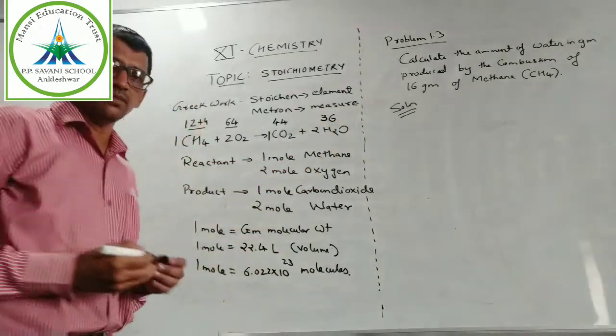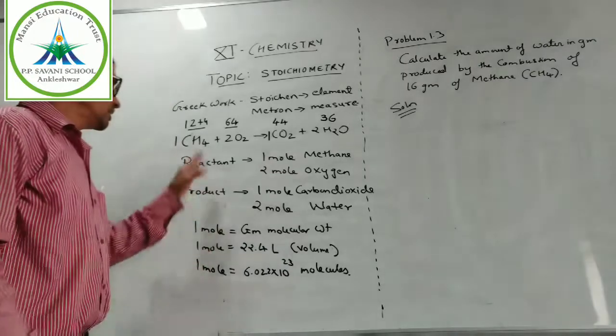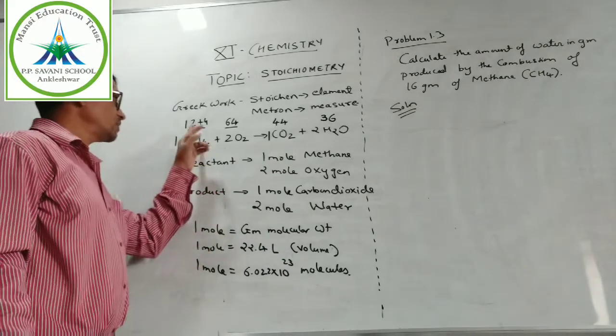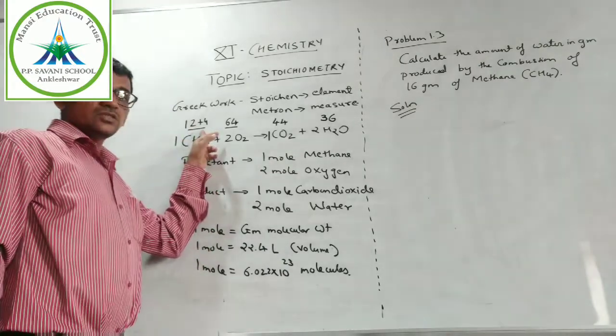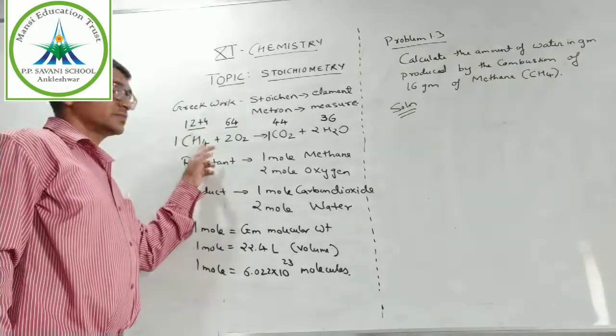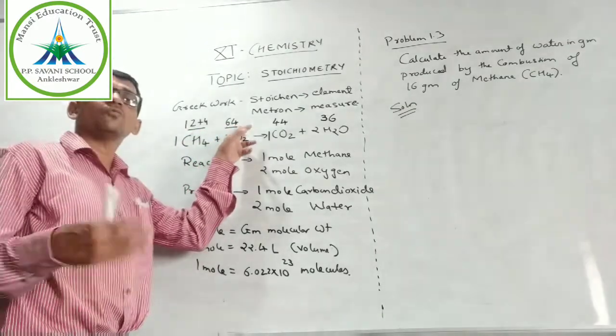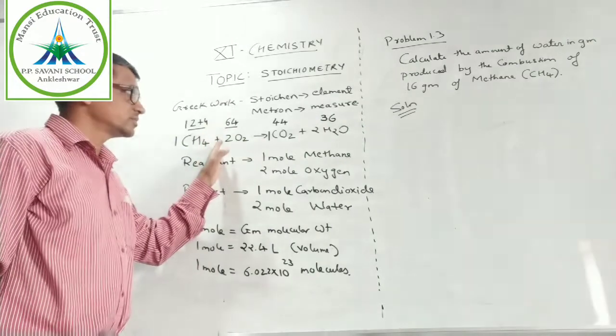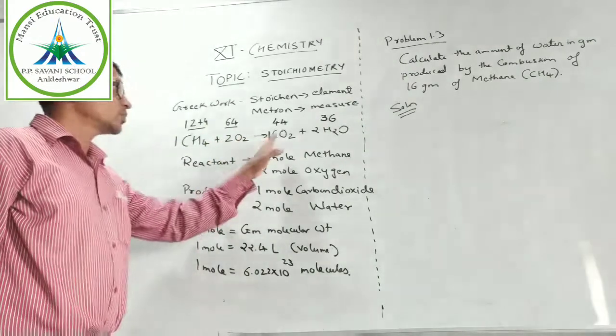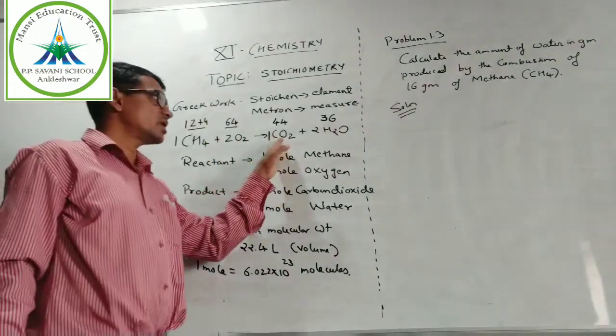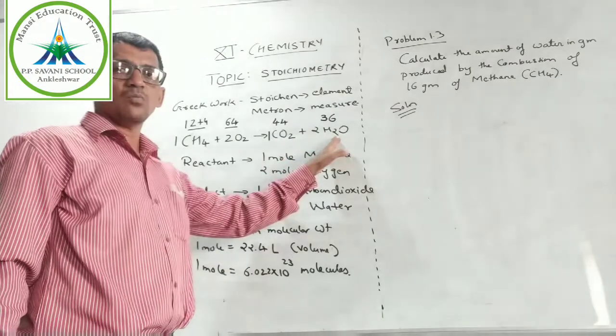So in terms of grams, this reaction says that if you take 16 gram of methane, then 64 gram of oxygen will react to give 44 grams of carbon dioxide and 36 gram of water.